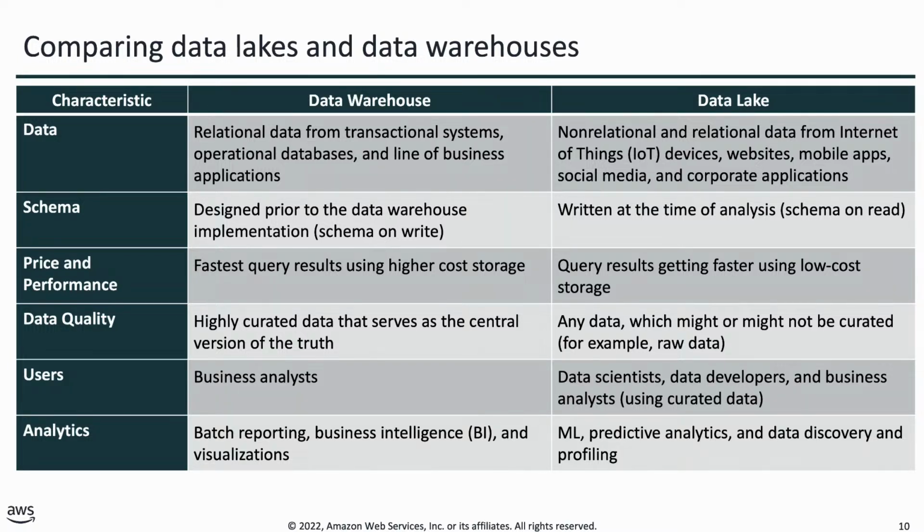So a data warehouse is going to store highly curated data, and the data that lives in a data lake, though, can be raw, it can be untransformed, and it can be uncurated. So it's really like a raw asset that may or may not add value, where a data warehouse has a little bit more granularity to it, a little more usefulness in that you know what's inside of there.